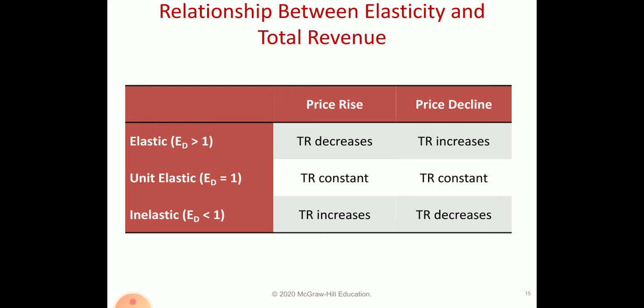Relationship between elasticity and total revenue. First one, when I say elastic, it means that the demand elasticity is greater than 1. This means elastic, price rise. So what happened to the revenue when the price rises? The total revenue will decrease, and vice versa for the price decline. Unit elastic means the total revenue will be constant.